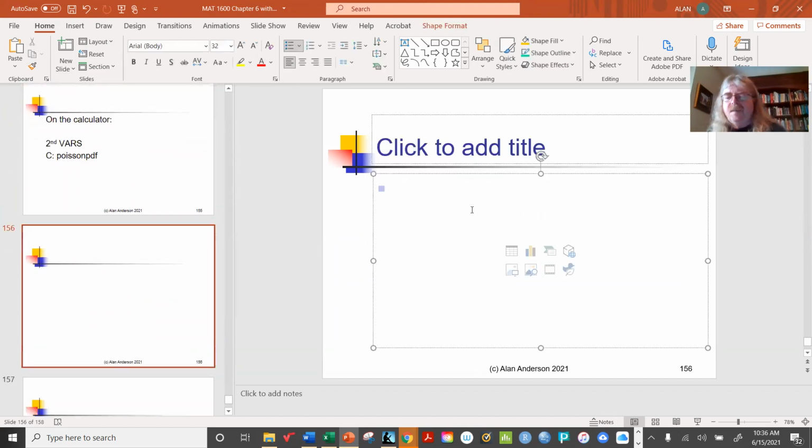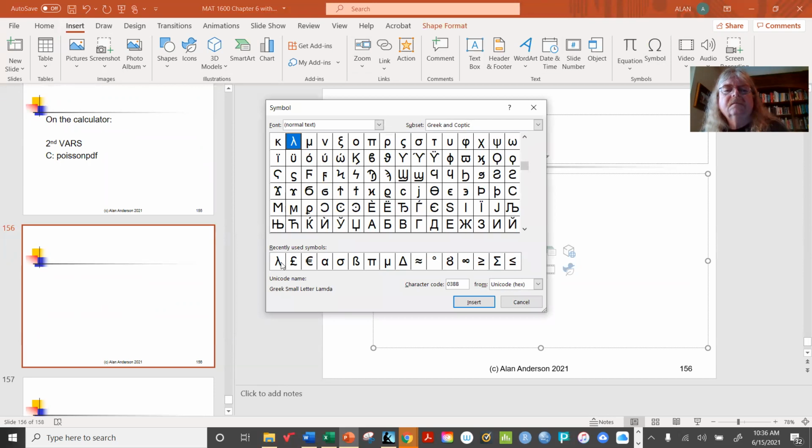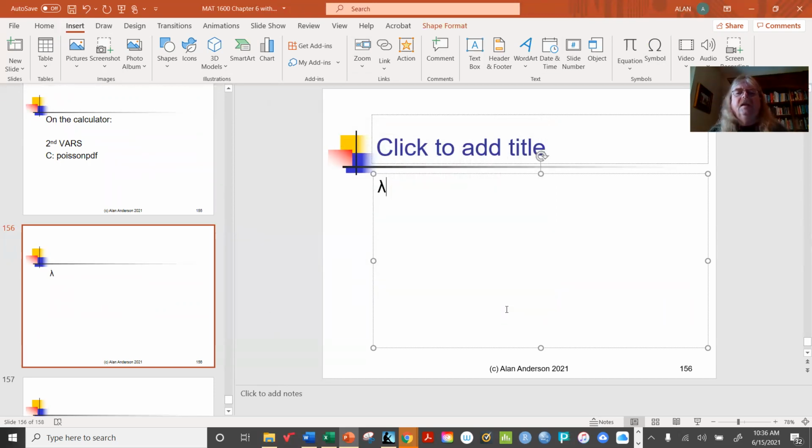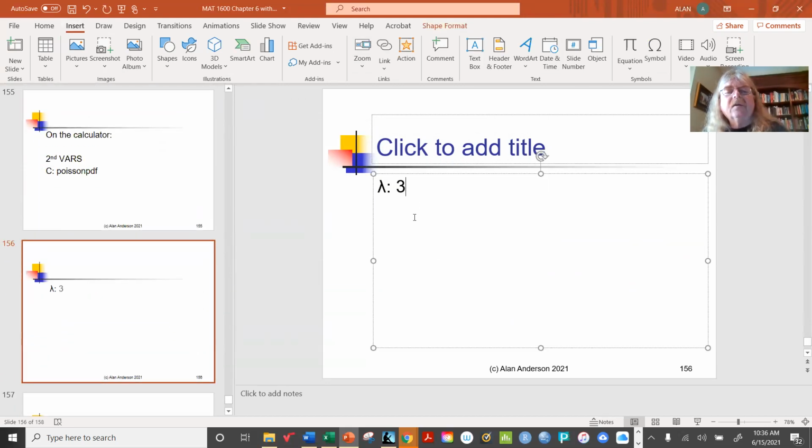Lambda always comes first, which is 3, because the bank manager noticed that on average there's 3 customers coming in every hour.